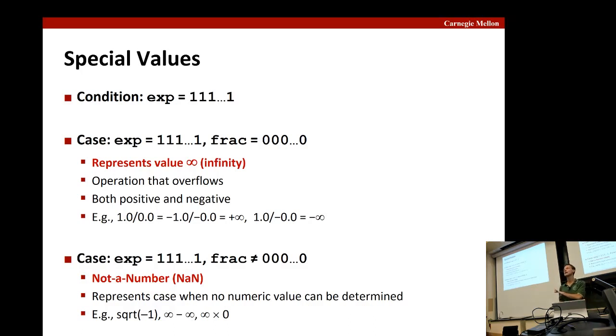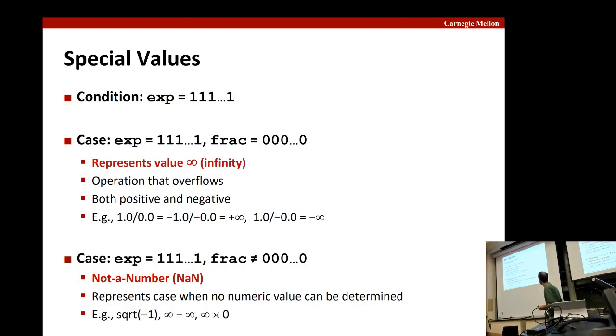Now when the exponents are on the other extreme, where they're all 1, we interpret that differently as well. If the fractional part is all zeros, then that represents infinity if the sign bit is 0, and negative infinity if the sign bit is 1. So this represents two overflow cases. There are some examples shown here.